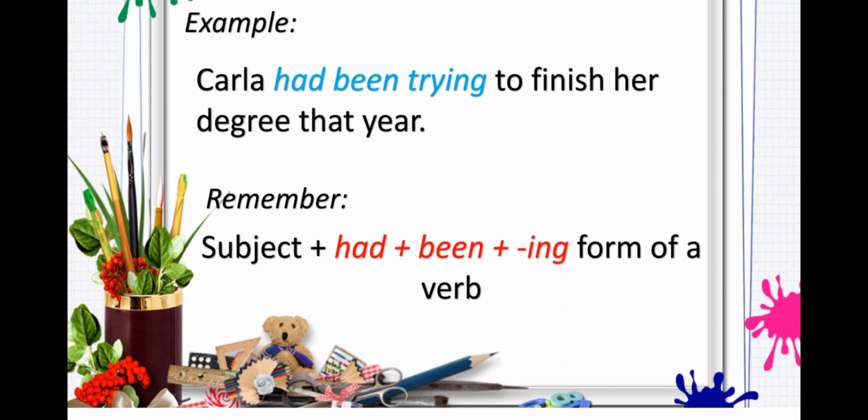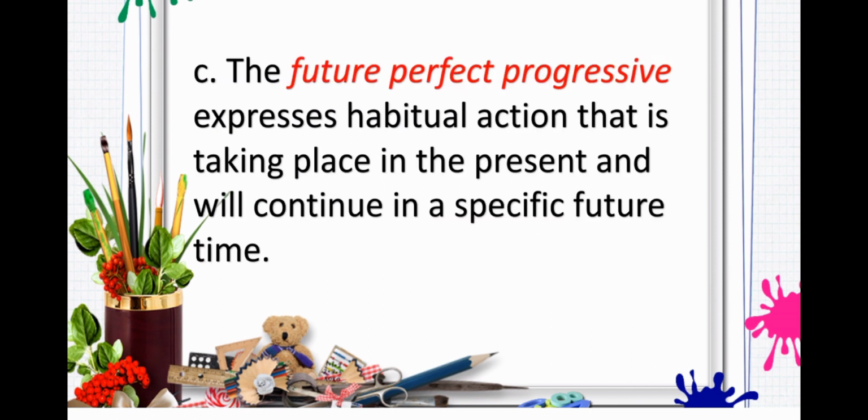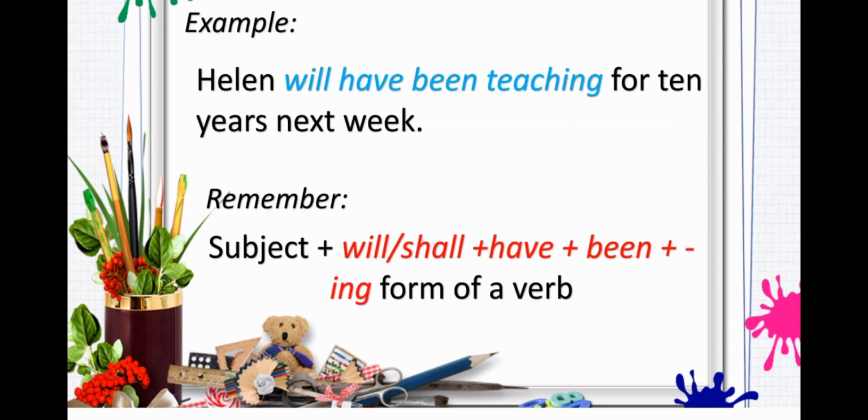This is the rule: subject plus had plus been plus the ing form of verb. And the last one is the future perfect progressive. Expresses habitual action that is taking place in the present and will continue to a specific future time.